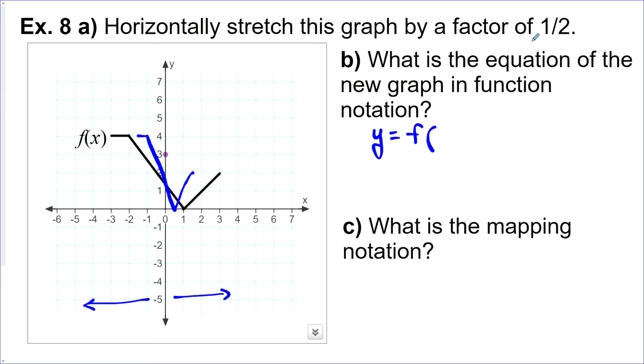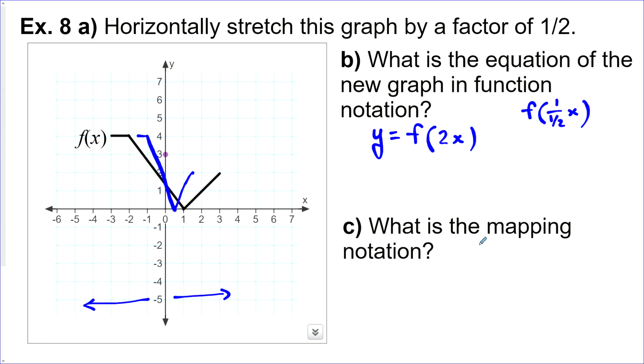Now, remember that everything works backwards inside the function, so if it's a horizontal stretch of 1/2, we want to multiply by 2 inside the function. Now, if you're thinking, I was looking for that number under here, you could have done that 1/1/2, like this. But we don't like fractions within fractions, so just think of this. We're dividing by 1/2, or we're multiplying by 2, and so that just simplifies to this right here.